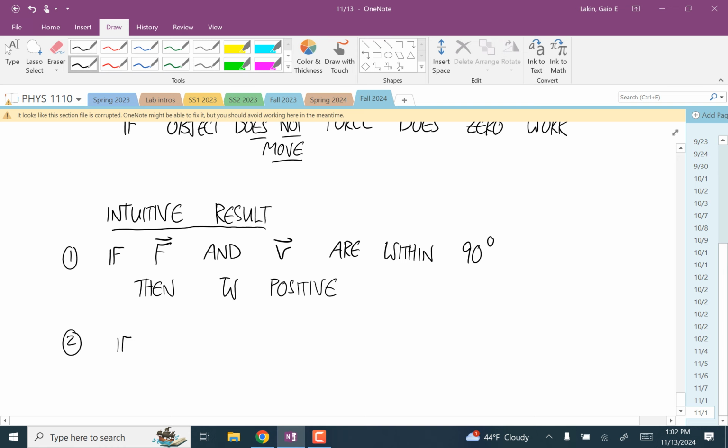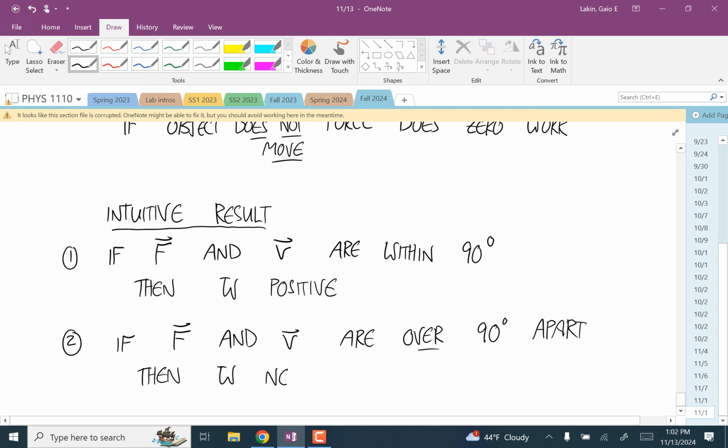On the other hand, if the force and the velocity are over 90 degrees apart, then the work is negative.